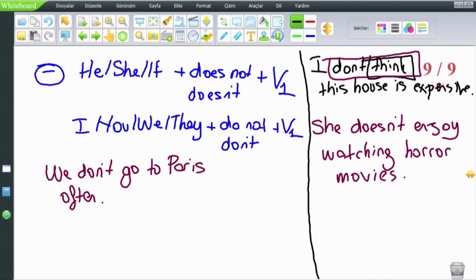As you can see, we use don't, do not, or doesn't with he, she, it subject pronouns in negative sentences. But you have to be careful with verb 1 after doesn't, because we don't add another s at the end of our verb because it's already on doesn't.